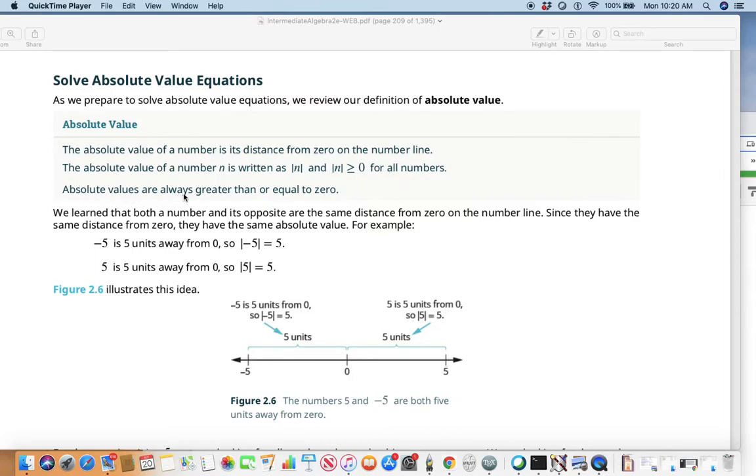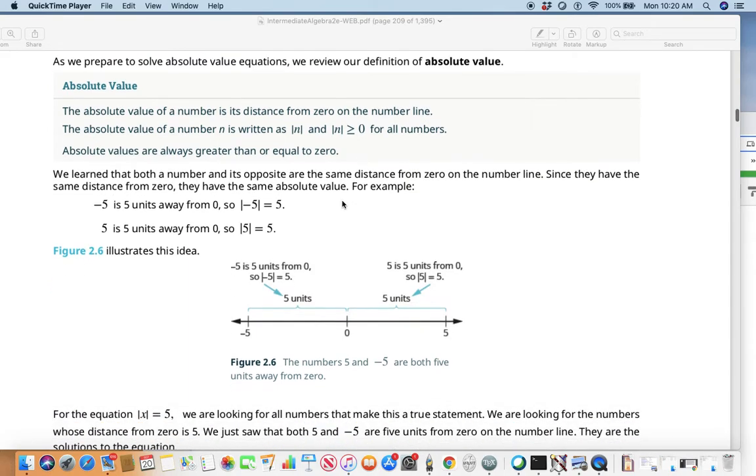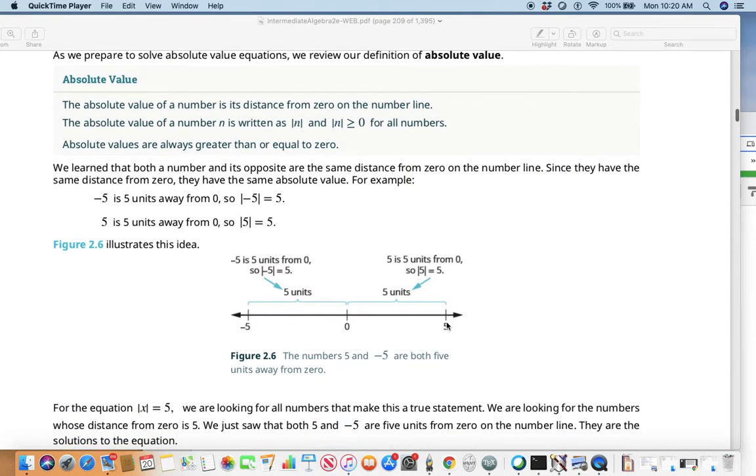Absolute values are always greater than or equal to 0. Notice, what is the distance of 5 from 0? It's 5 units. So, the absolute value of 5 is 5. What is the distance of negative 5 from 0? That's also 5 units. So, the absolute value of negative 5 is also 5.